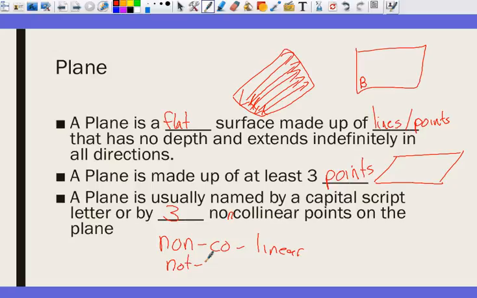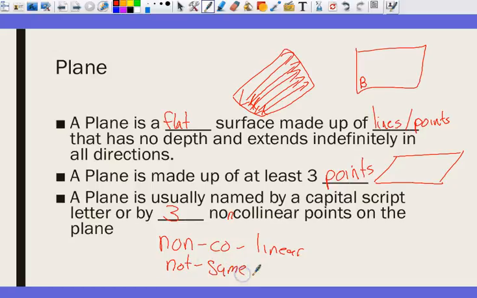What does co mean? It's not to. A coworker, yeah. Coworker means the same job, right? Okay. Co means same.